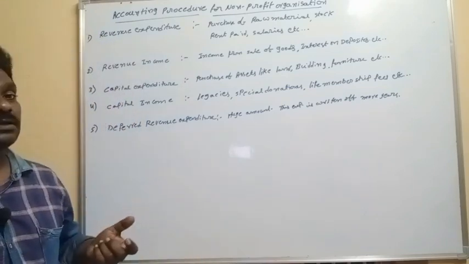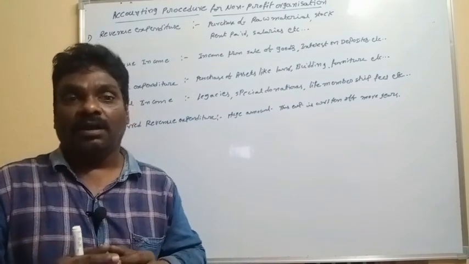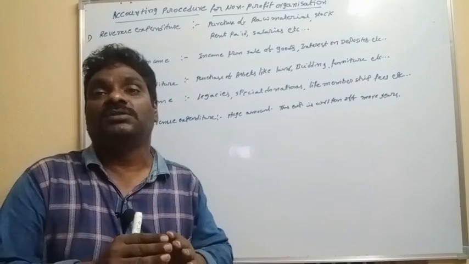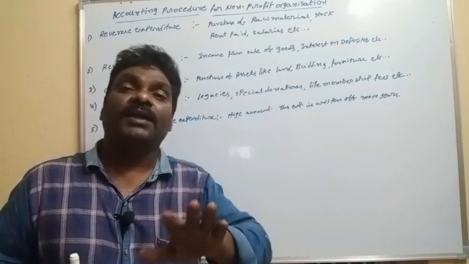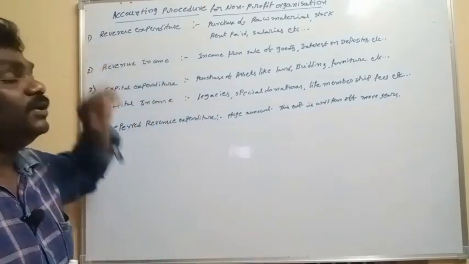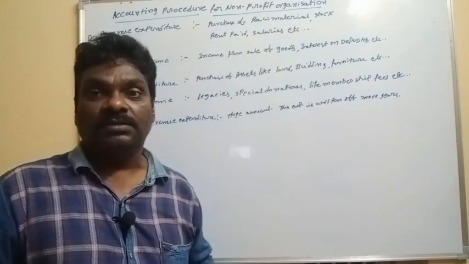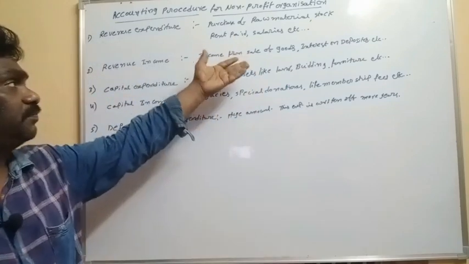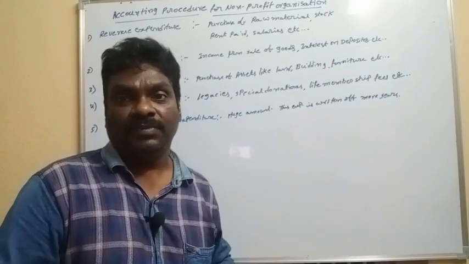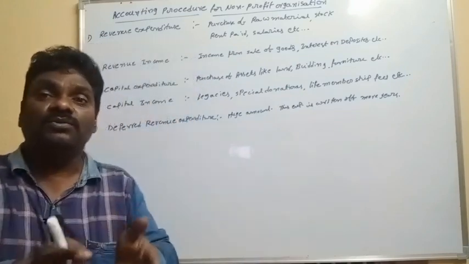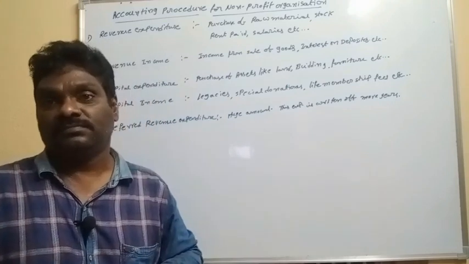Expenditure whose benefit is used up or closed within one year or the accounting period is called revenue expenditure. For example, purchase of raw material or stock, rent paid, salaries paid, wages paid. These expenses are closed within one year, because these are nominal accounts.